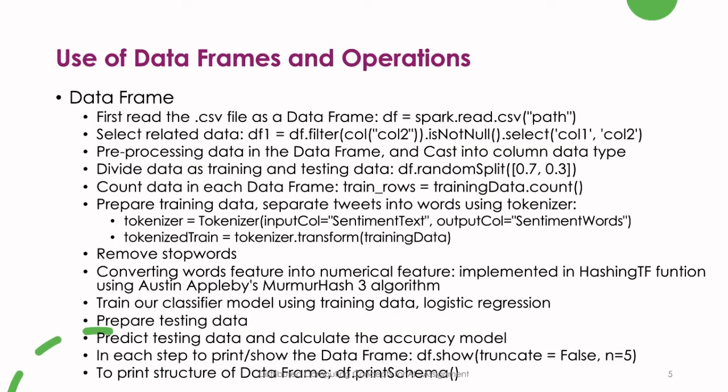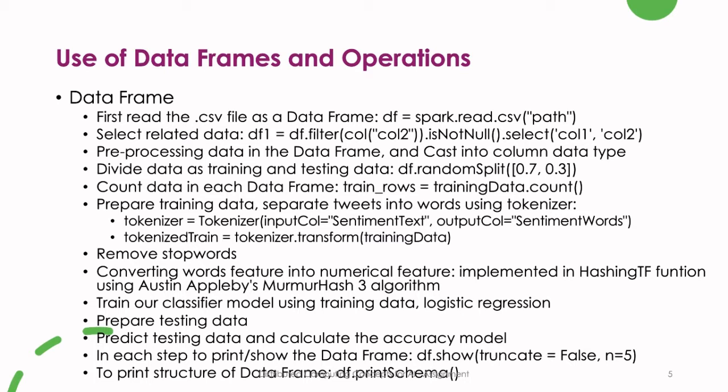So here is how data frames and operations are used in this project. I will explain the steps. First, read the CSV file as a data frame. So this is the command for that. Select related data out of the data frame that is created.